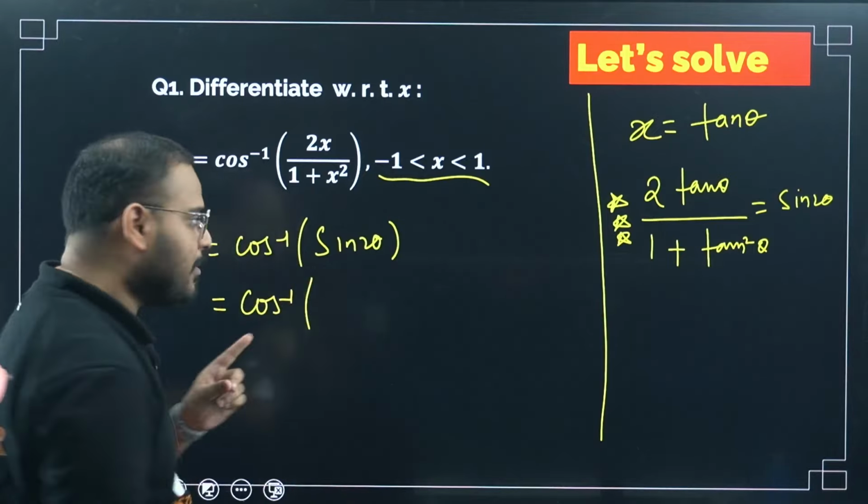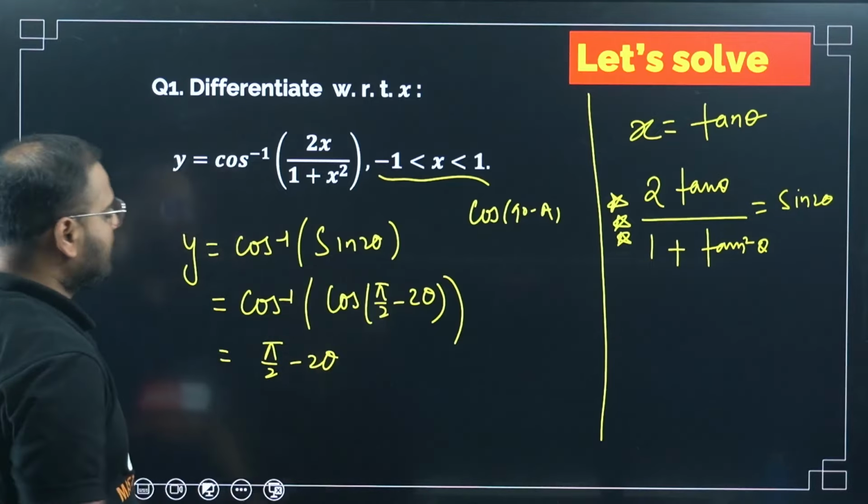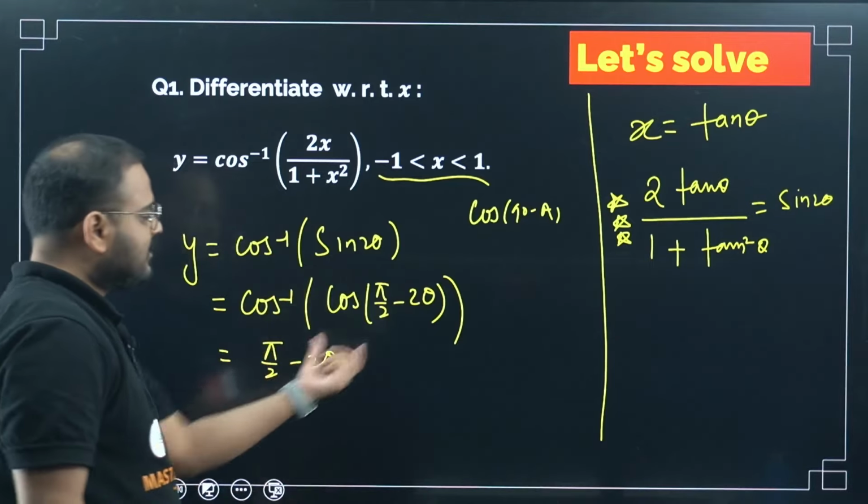I wanted to write cos of pi by 2 minus 2 theta. Remember, cos of 90 minus a is simply sine a. So that's what I've written here. Operate it now: cos inverse of cos will be just the angle, simply pi by 2 minus 2 theta.